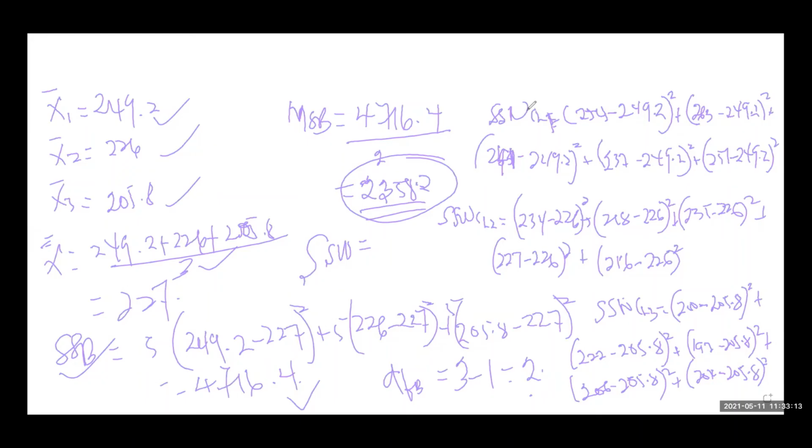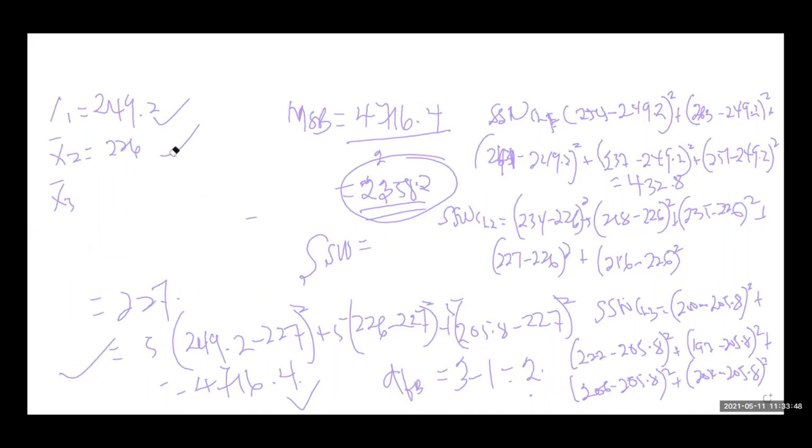Okay, so somebody is giving for club 1, I have 432.8. I hope we are good to go. So let's do that for club 2 and club 3 respectively. Let me erase this side. I may not need this anymore.